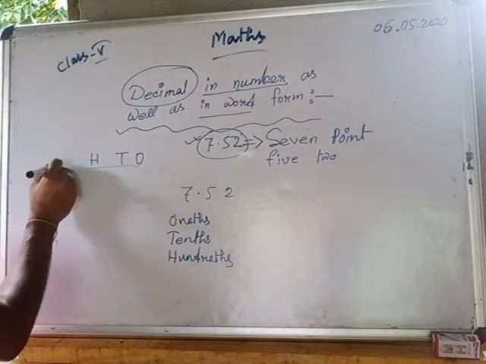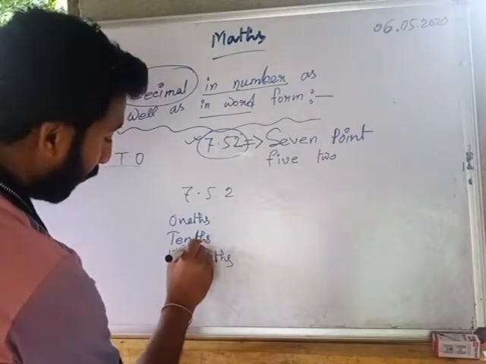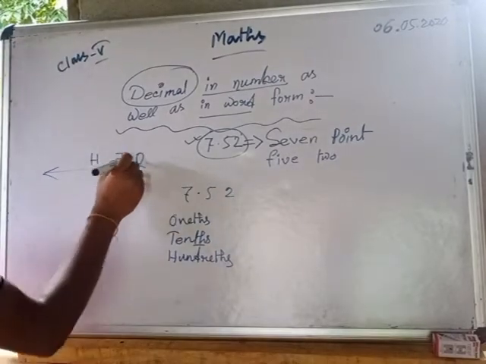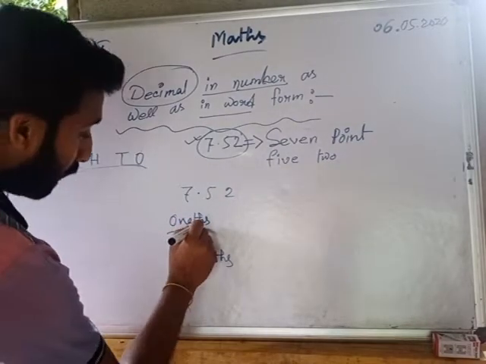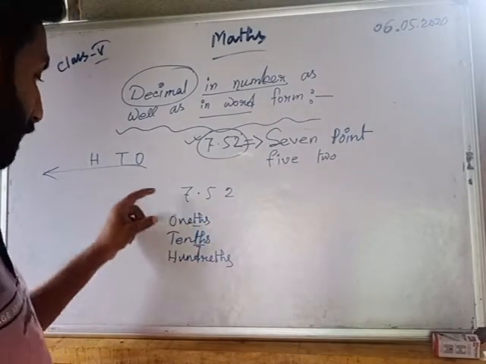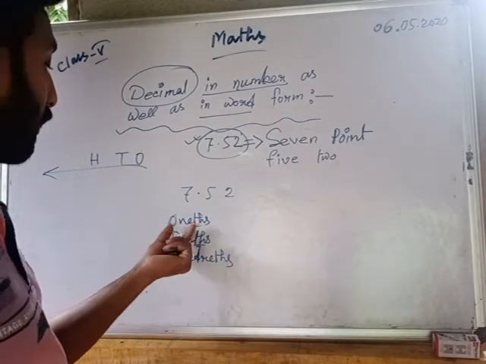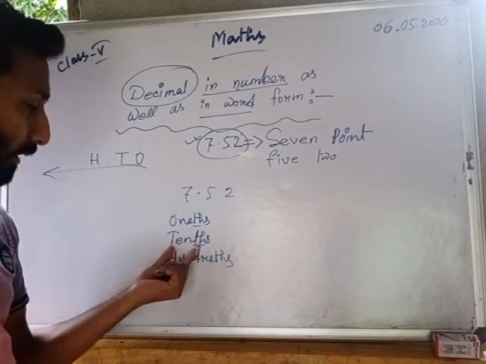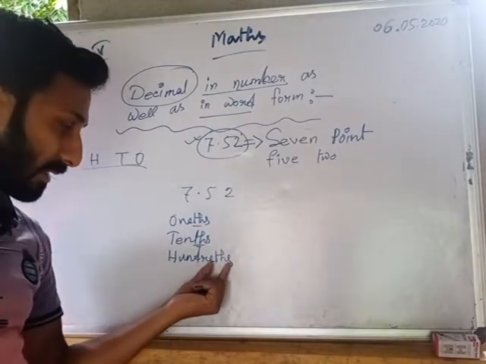After that it goes like this, but every time you should add th to the place value: ones, tens, hundreds.